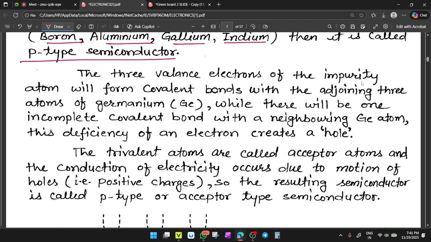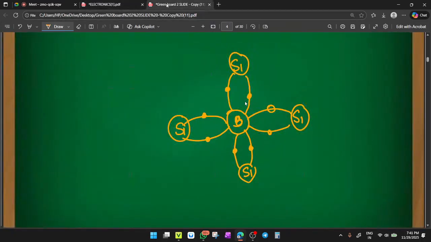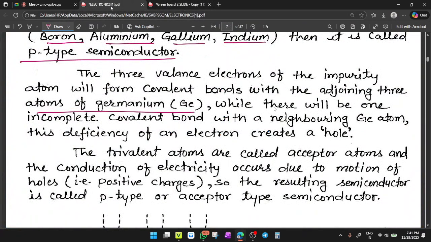The three valence electrons of the impurity atom form covalent bonds with the three adjoining atoms of the germanium. The three electrons from the boron, 1, 2, 3, form bonds with the germanium or silicon, while there will be one incomplete covalent bond with a neighboring germanium atom.